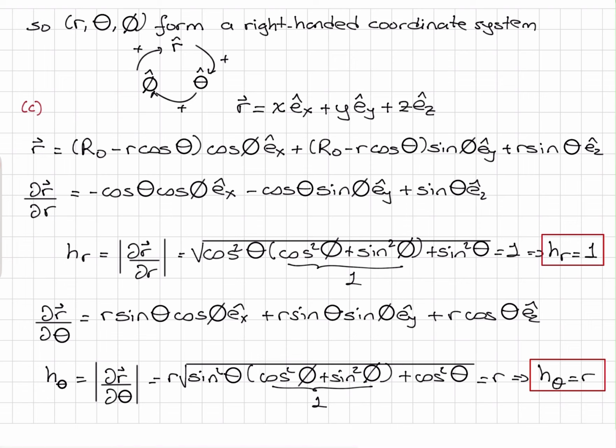For del r del theta, this one, I have r squared sine squared theta cosine squared phi, r squared sine squared theta sine squared phi, r squared cosine squared theta. R squared comes out of the square root, sine squared theta parentheses cosine squared plus sine squared plus cosine squared. Once again, in the square root I have 1, so the scale factor is r.